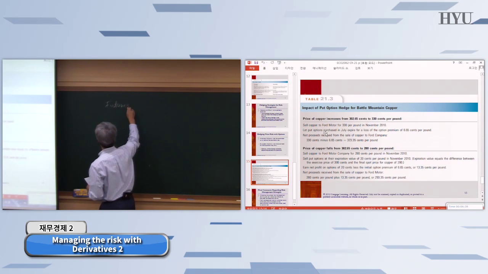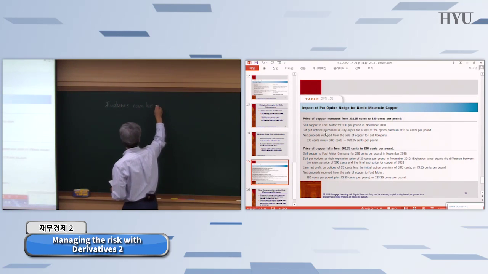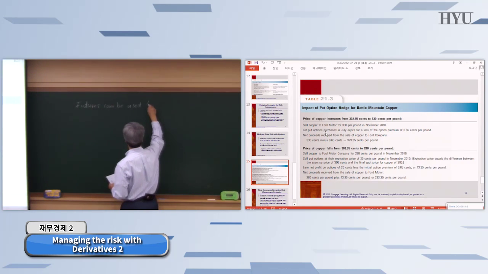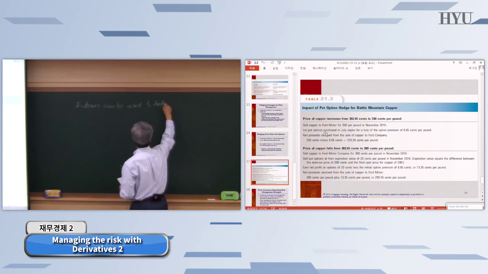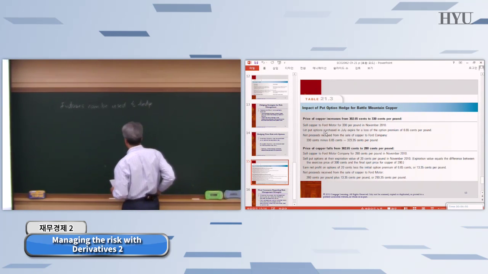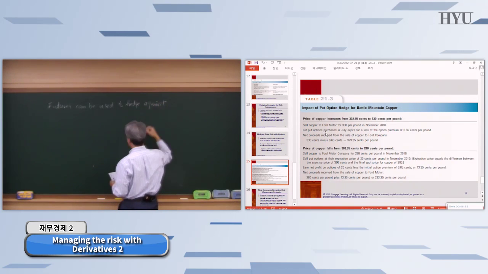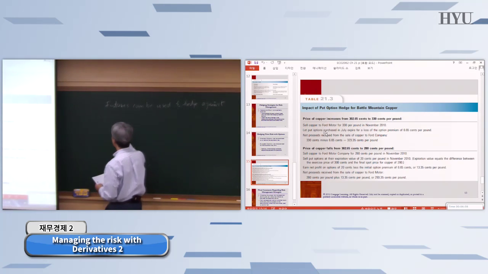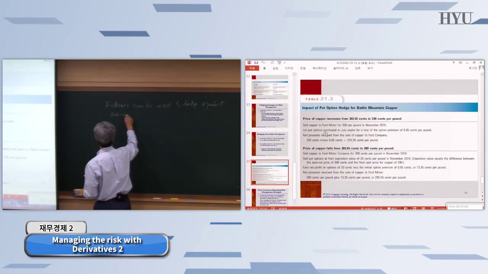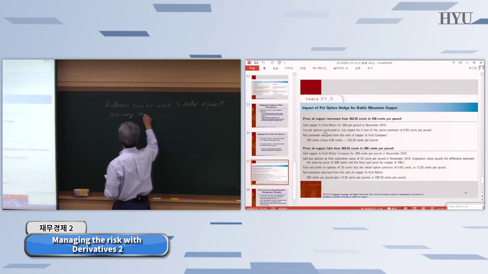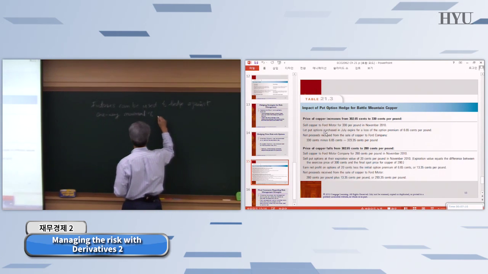Futures can be used to hedge against one-way movement of price, like decline or increase. One-way movement of the price.